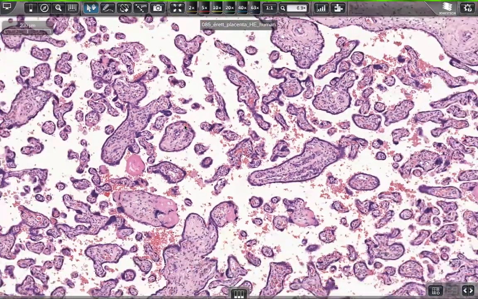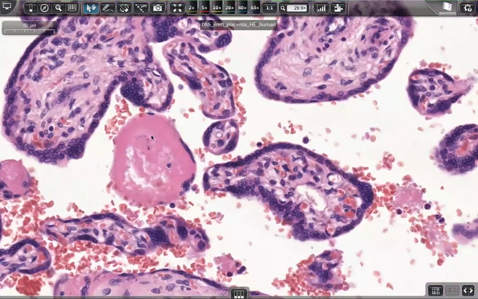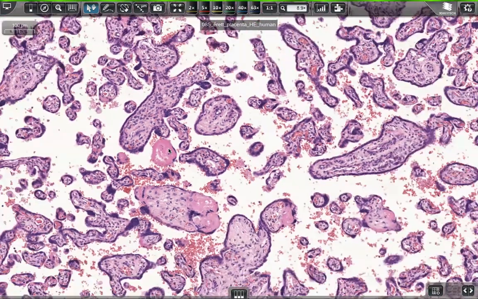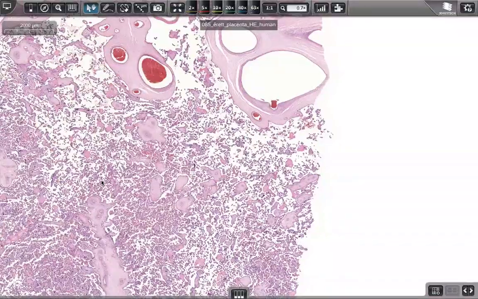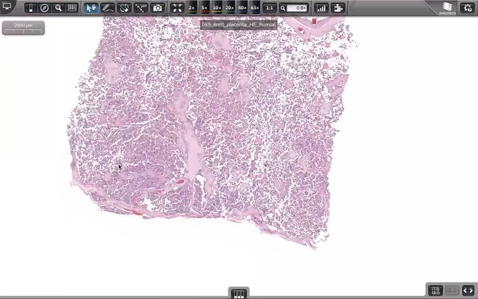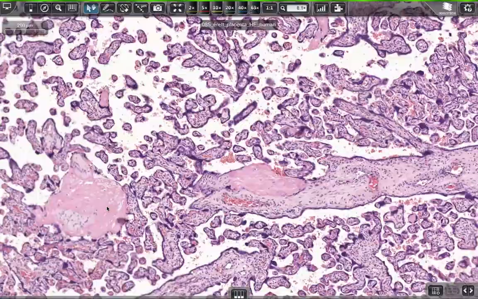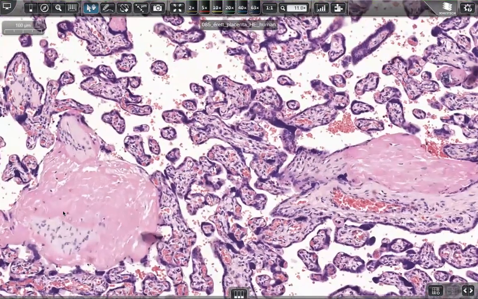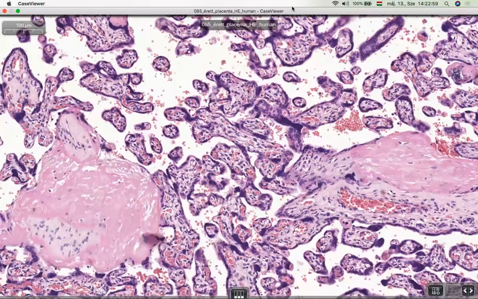Yes, and some of the villi, so here, represent this homogeneous pink material, especially really close to the maternal surface. So here, there. That's the fibrinoid.